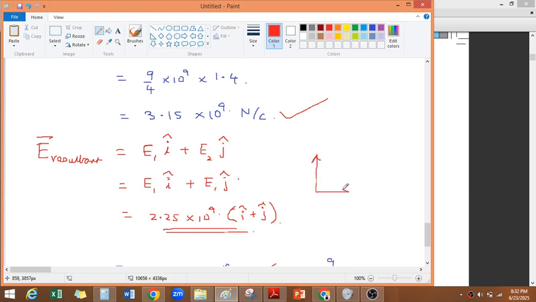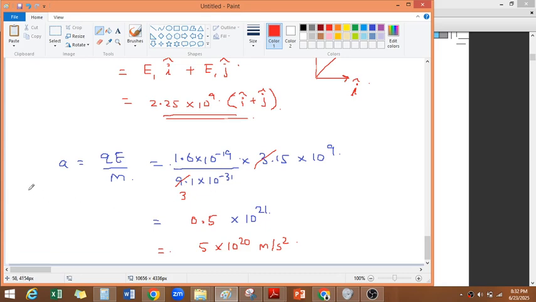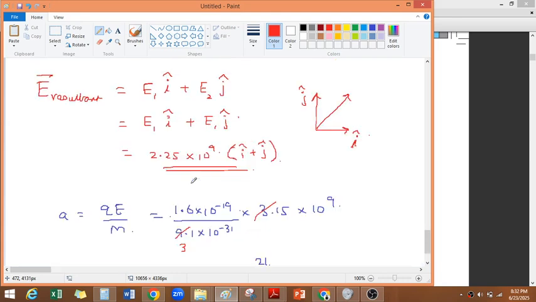This is I cap, this is J cap. So the electric field here is I times this electric field, J times this electric field. That is your electric field E. That's what we have found. Acceleration is also a vector, so you may have to represent it as a vector.